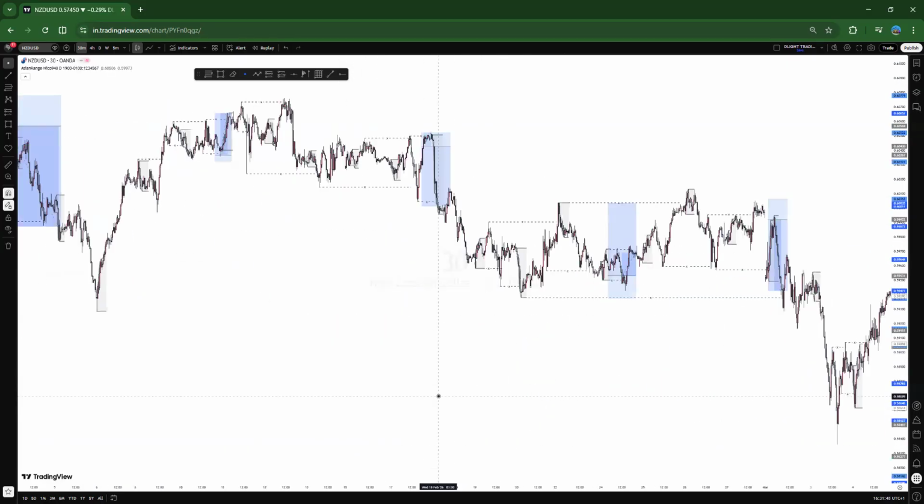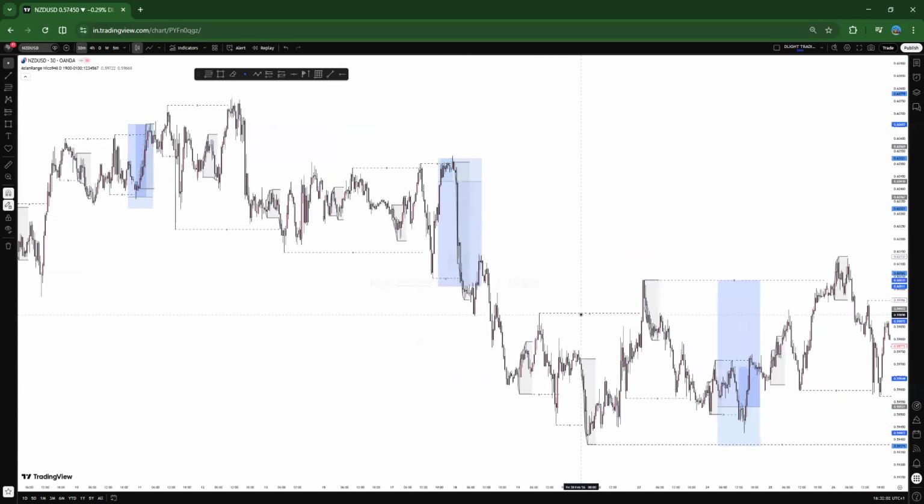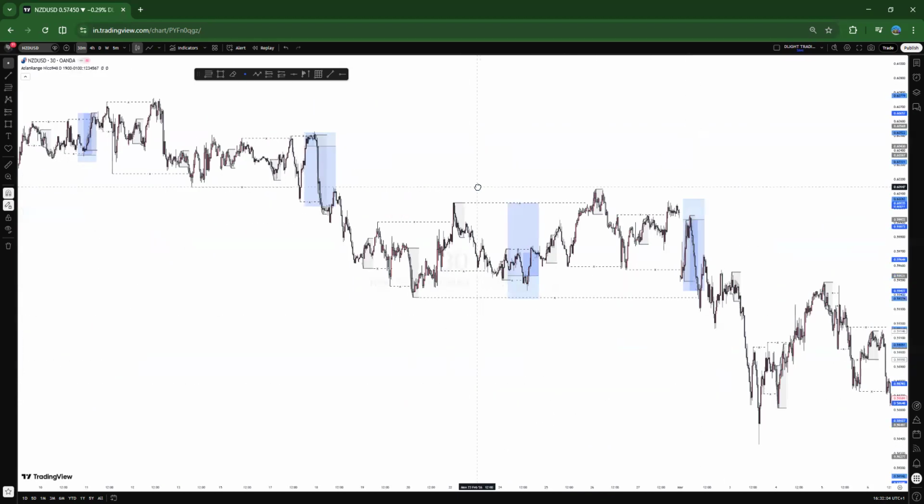Although you do take losses, I took losses here, took a win here. When price took this out, it was valid for me to take a buy. So I took a buy here.